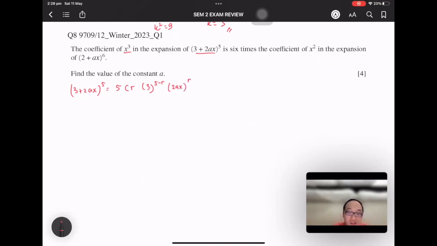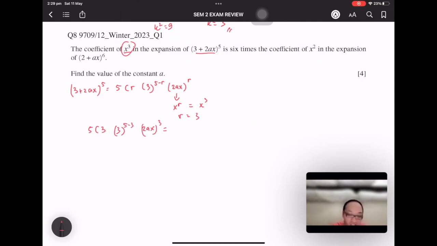Again, the r is coming from here, the x to the power of r. We are looking for x cubed, so r equals 3. So we find 5C3, 3 to the power of 5 minus 3, (2ax) to the power of 3. 5C3 is 5 combination 3.